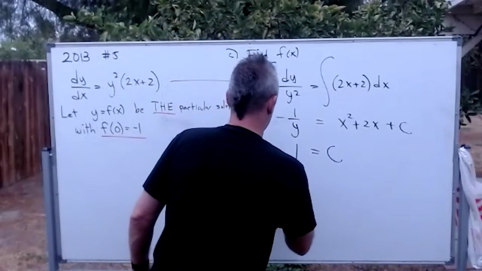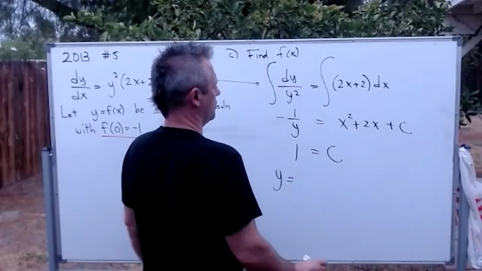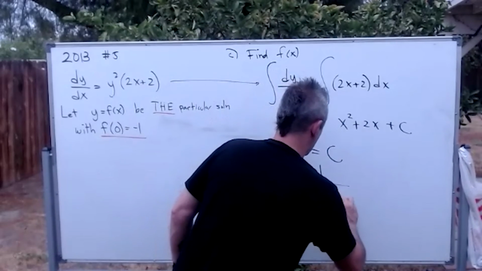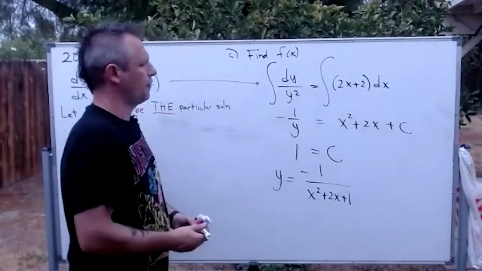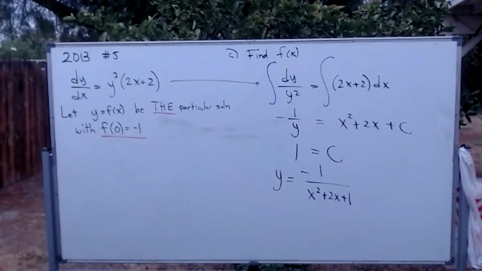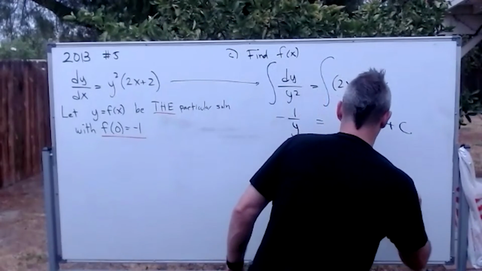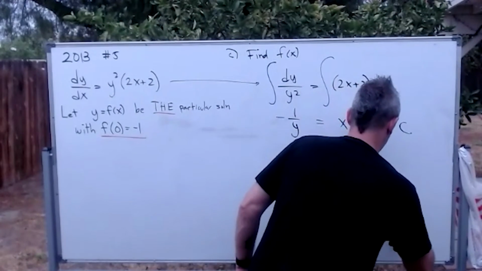So if we do that, it looks to me like we're going to get y equals negative 1 over x squared plus 2x plus 1. Which, by the way, I believe is negative 1 over x plus 1 squared.